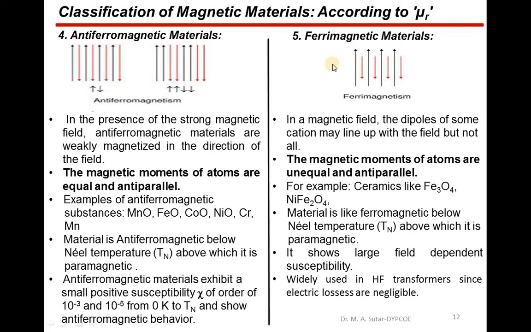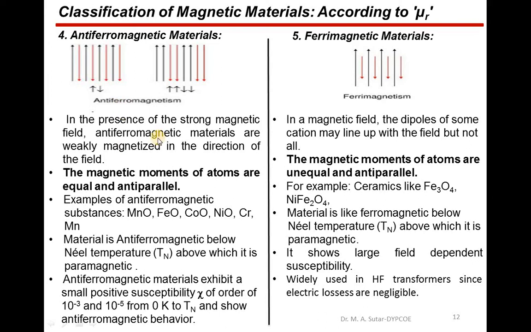Whereas in case of ferrimagnetic, the spins are anti-parallel but having unequal magnitude. So if spins are anti-parallel but of equal magnitude, the material is known as anti-ferromagnetic material, and if the spins are anti-parallel but unequal in magnitude, then it is known as ferrimagnetic material.